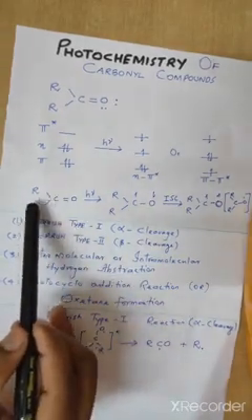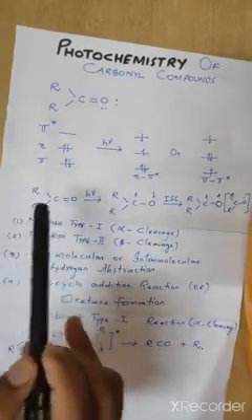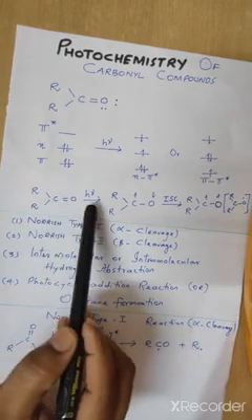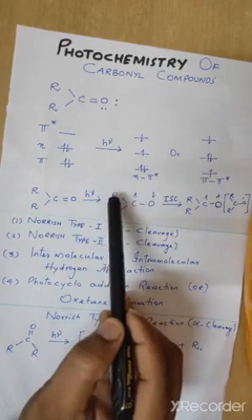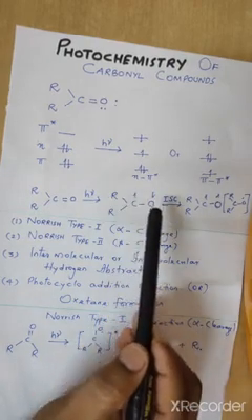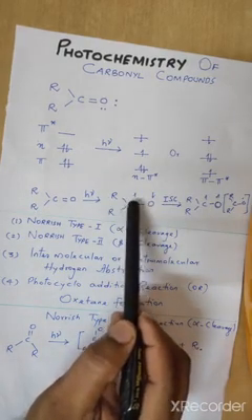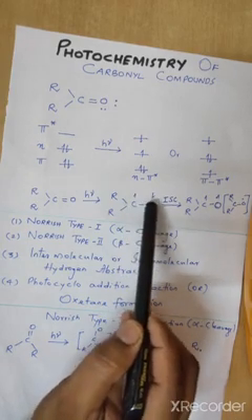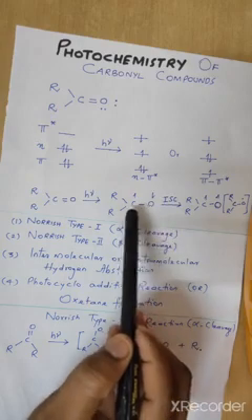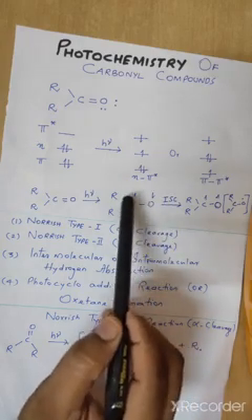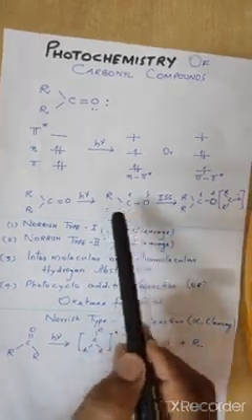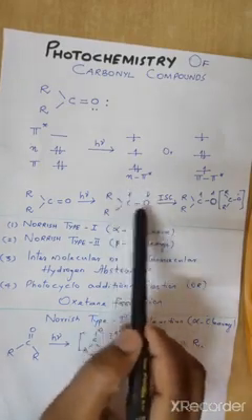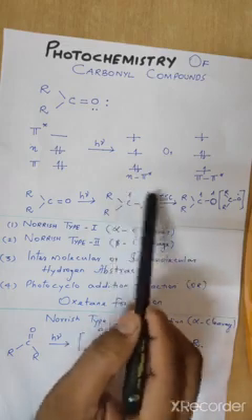Now in this reaction, this is C double bond O. This is irradiated with light. It will be excited. We can see here one electron at the carbon and one at the oxygen, in the pi star orbitals, with rotation between the carbon and oxygen.